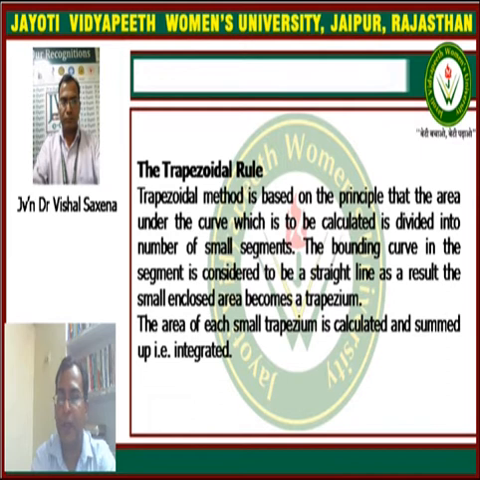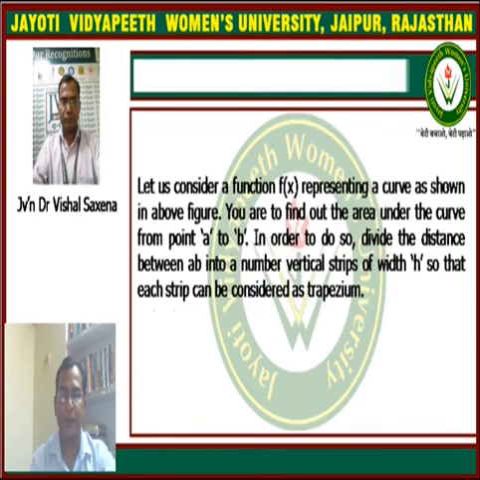We find the area of each small trapezium, and after adding all these areas the total area can be calculated. This is the concept of the trapezoidal rule, and it is helpful to find a definite integral.